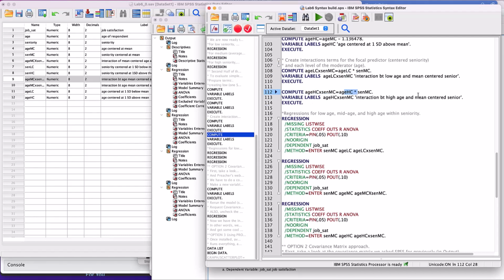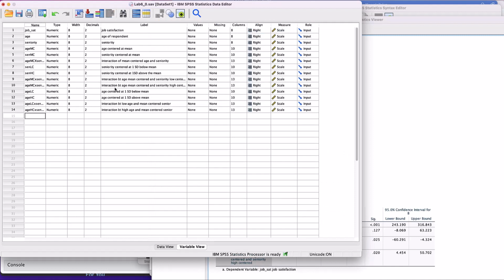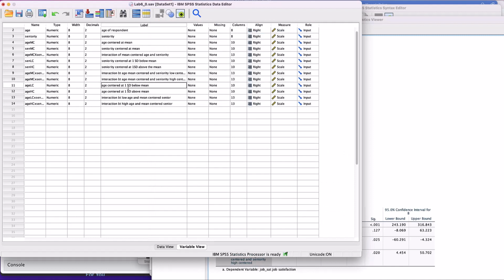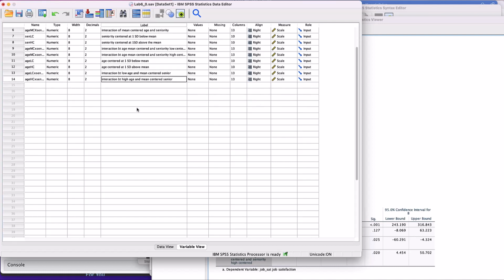So give yourself good labels and you can run it. And now I have all of my new variables there in the variable list. Age centered 1 standard deviation below, 1 above, and the interaction between those sets.